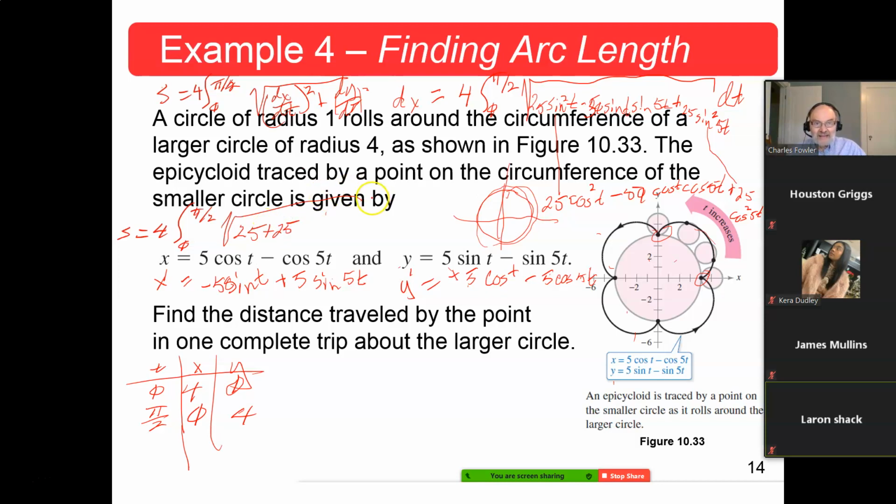Now, the middle terms both have 50s in them, and that's going to be 50 sine t, sine 5t, cosine 5t, sine t, cosine t, sine 5t, cosine 5t, all under the radical.